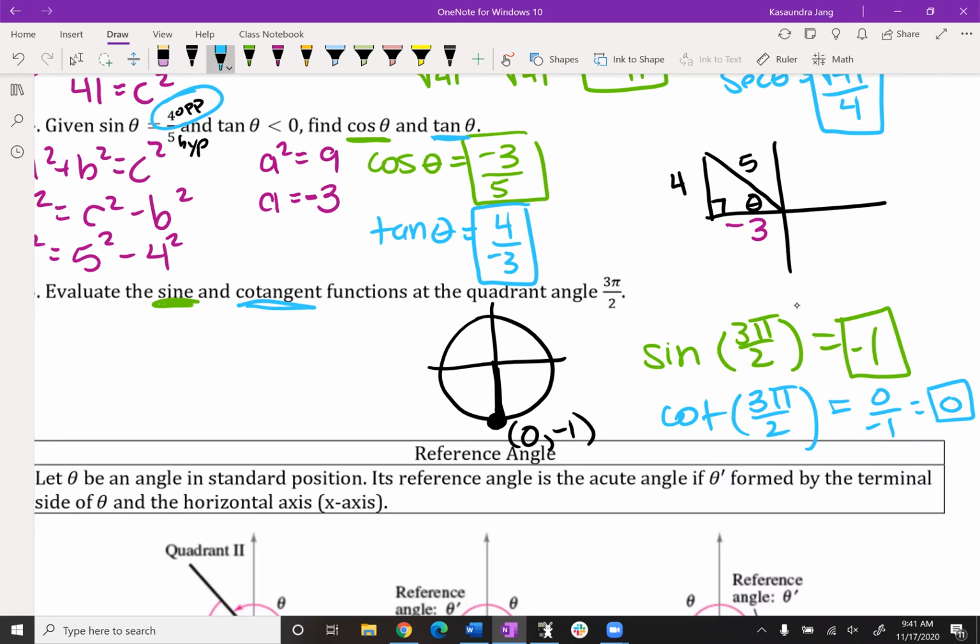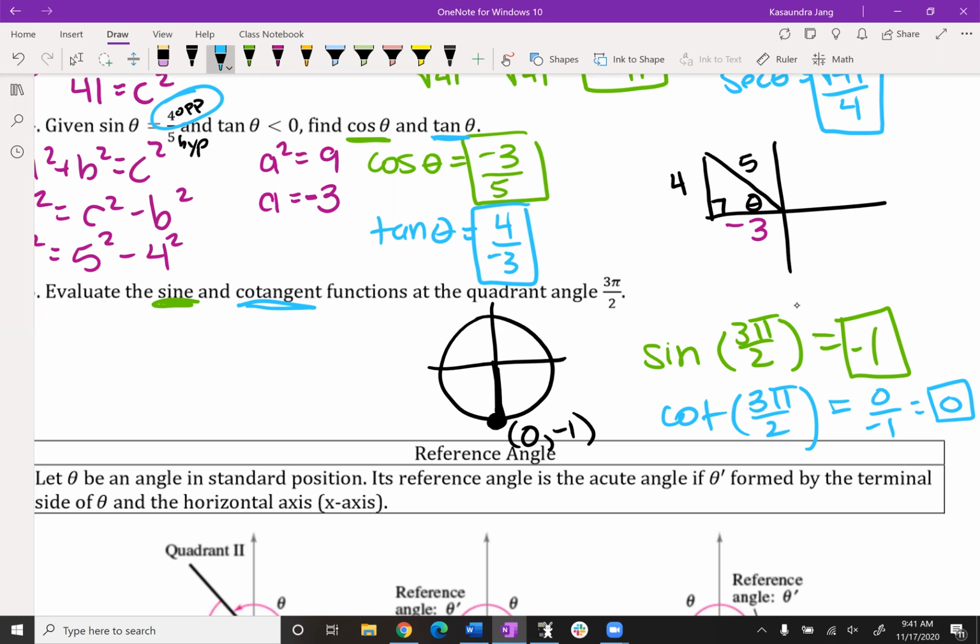Okay, so this was on my y-axis. Do you guys have any questions about if you get a point on any x-axis, y-axis, any of these with a 0? Any questions? So the sine, you got -1, and that's just, because what we looked at on our notes, the sine was the y over r. So it's like -1 over 1. I didn't really need to divide by 1 though.